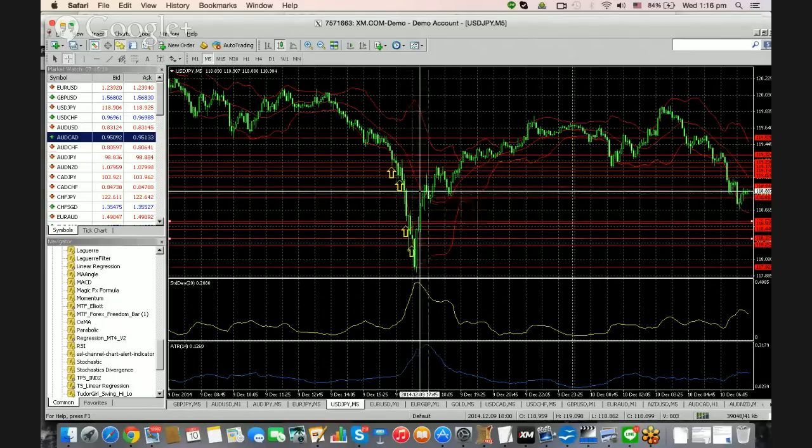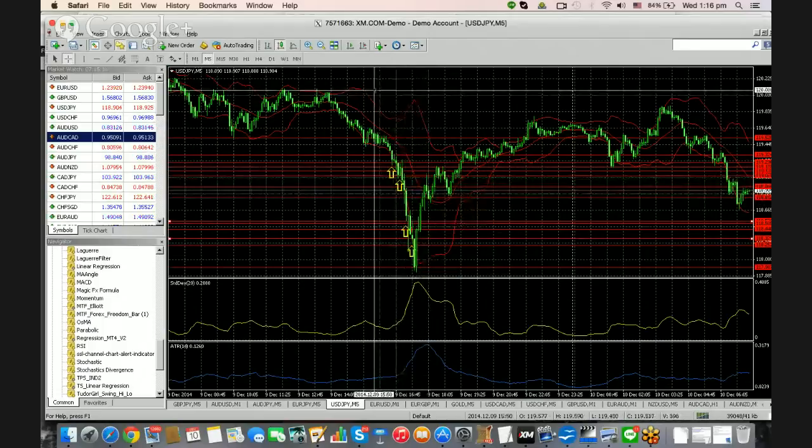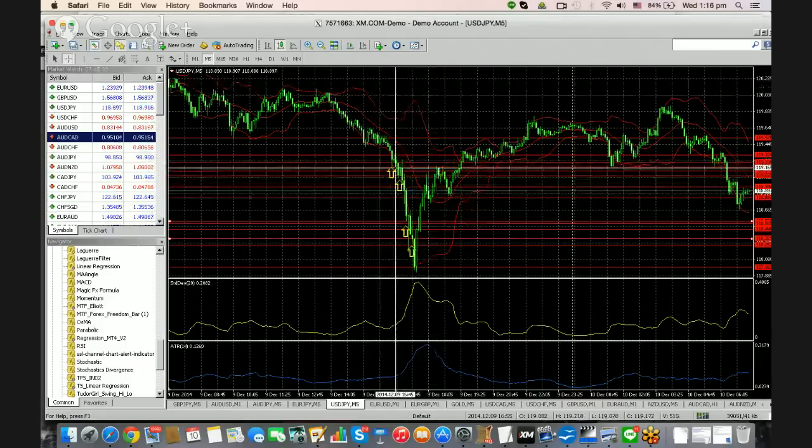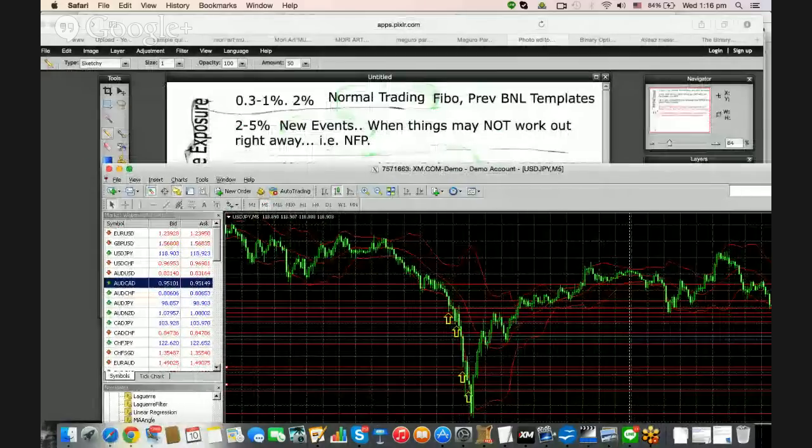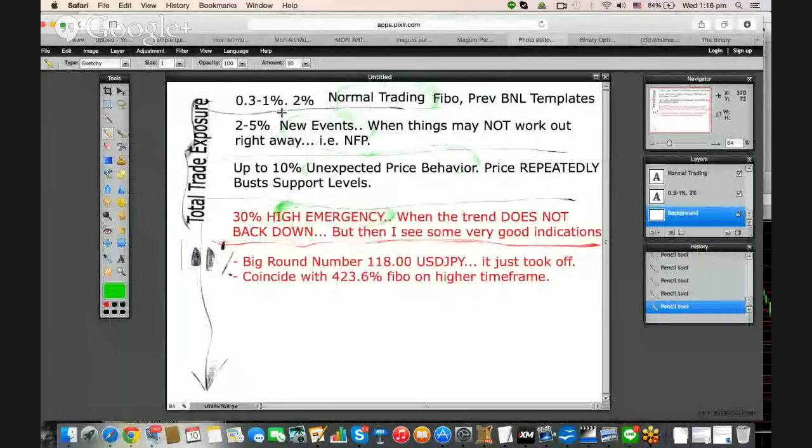Okay, so these ones lost. All right, these would be the ordinary trade, and in this case it's more like we did normal trading, and then because we didn't have news events, we went on to this one.